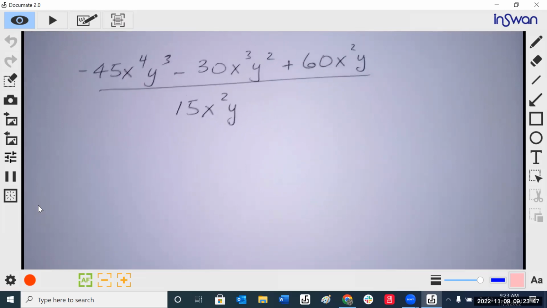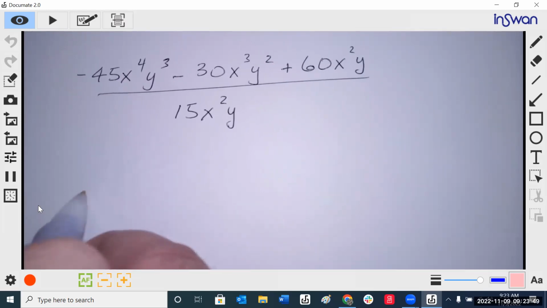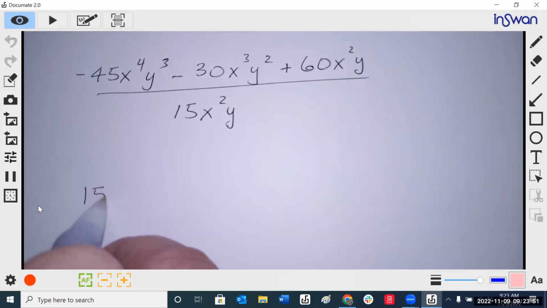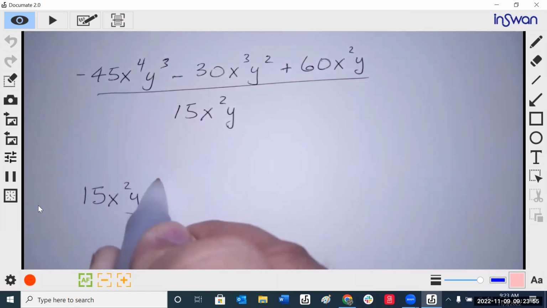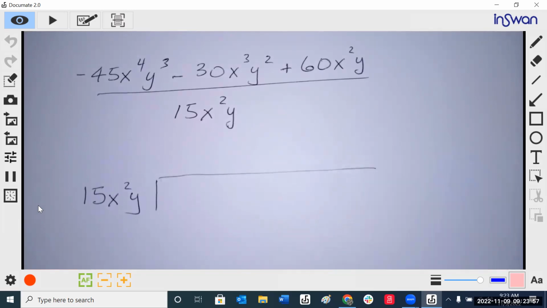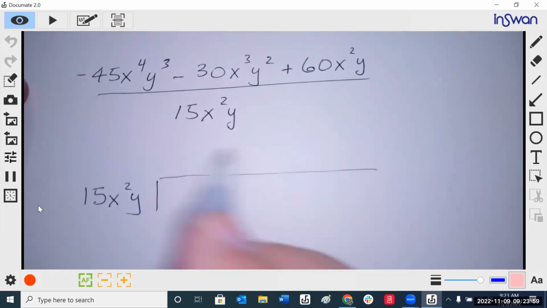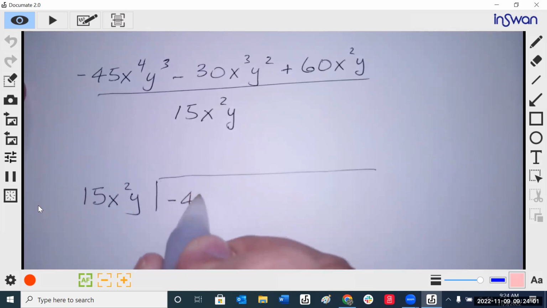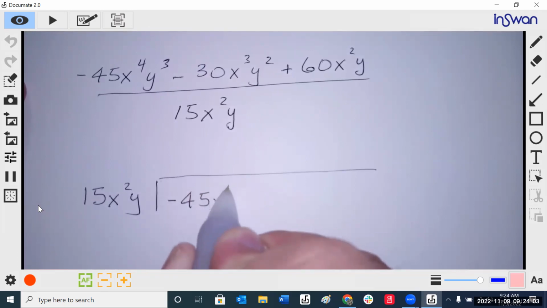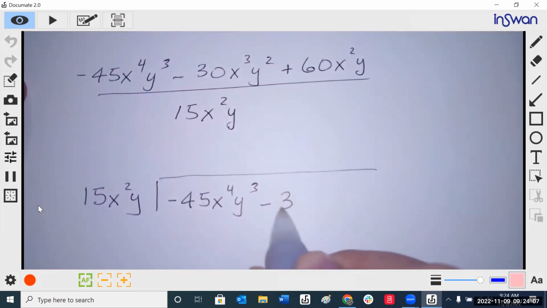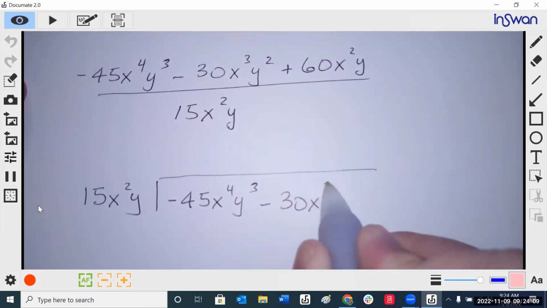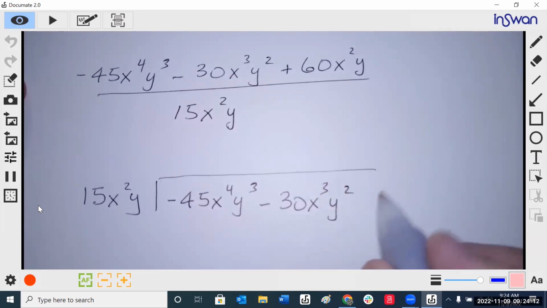First thing I did is get rid of the negative on the bottom. Rewrite this as a division one. Negative 45x to the fourth y third, minus 30x cubed y second, 60x squared y.